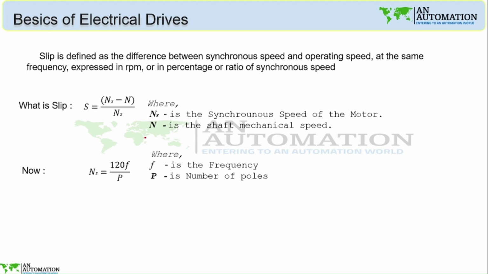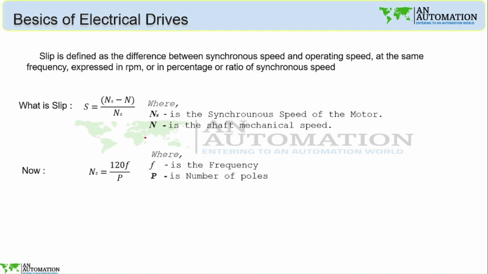And we know from our college standards that Ns equals 120 f by p, where f is the frequency and p is the number of poles.